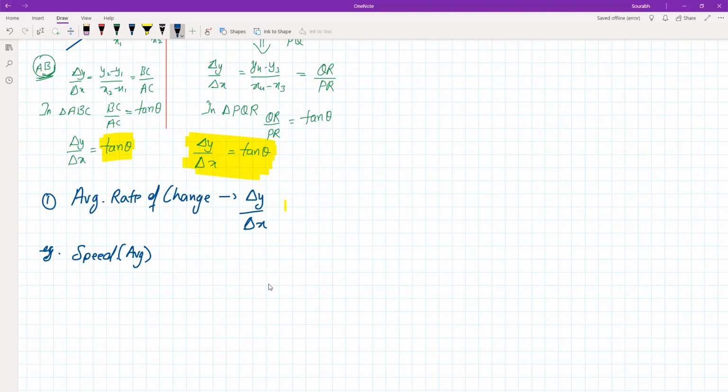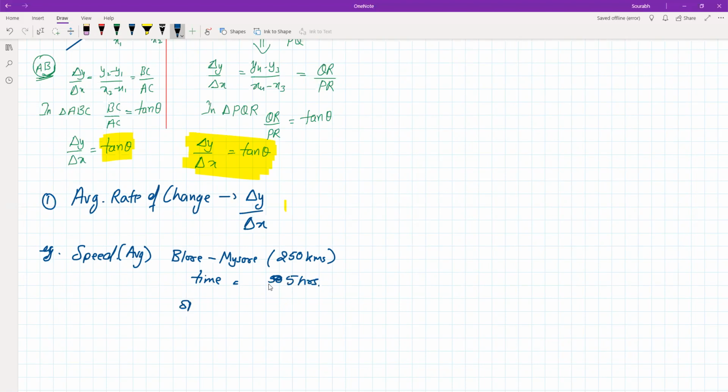So suppose you started from Bangalore to Mysore. Suppose you are covering that distance of around 250 kilometers, and the time taken is, say, 5 hours.